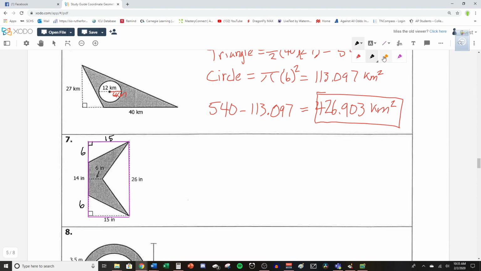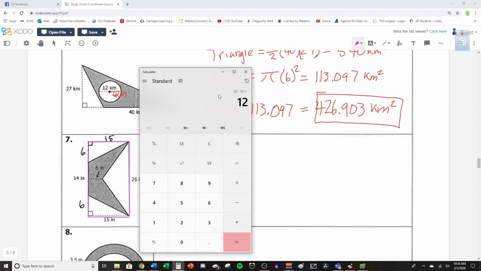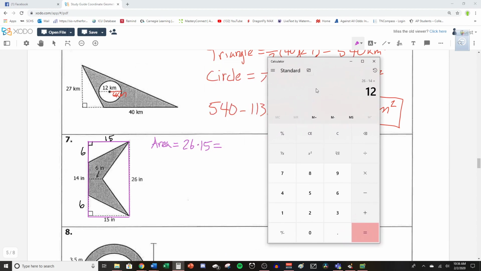So I want to find this entire area first. The area of that rectangle or parallelogram is going to be 26 times 15. Again, your teacher may work this differently, but as long as you break it into familiar shapes and subtract the appropriate areas, it will work.